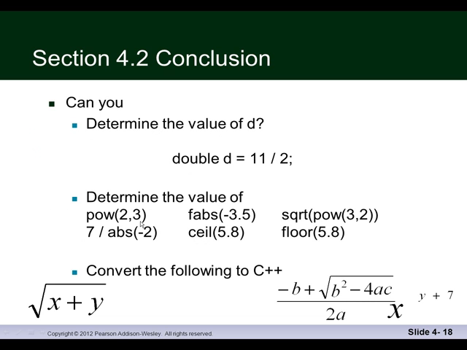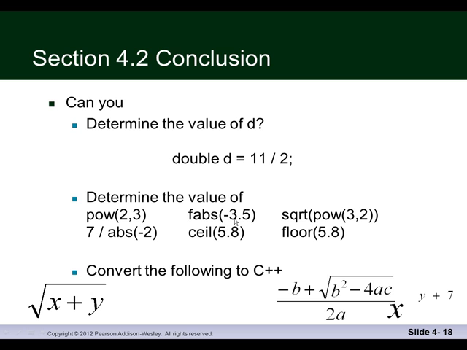That's going to be 8.0, right? Some compilers are going to complain about this because it's expecting a double. If that's the case, we have to change this to double. Some of them are going to take this and promote it to double. Some of them are not going to do it. It might give you an error. So if that's the case, you're going to put 2.0, 3.0.